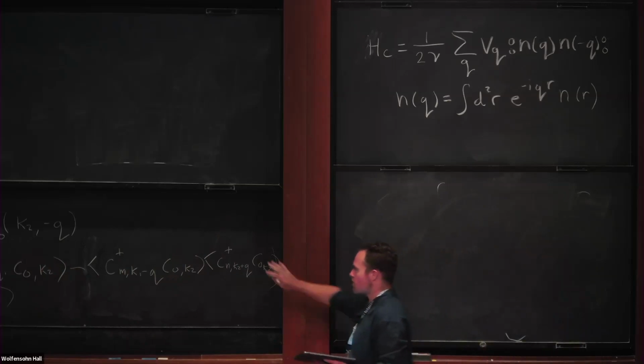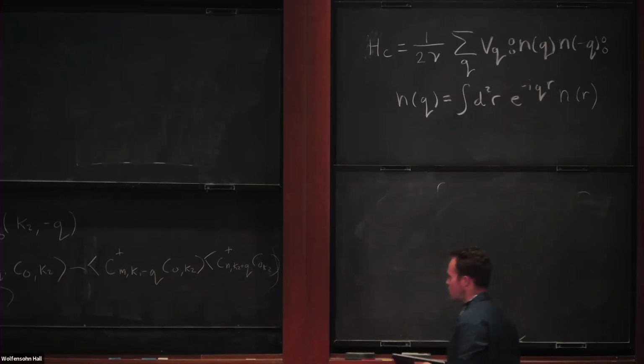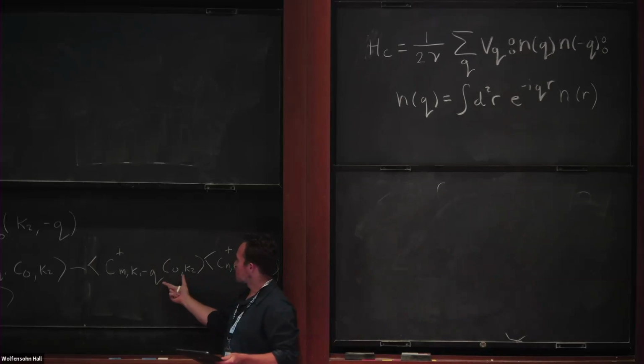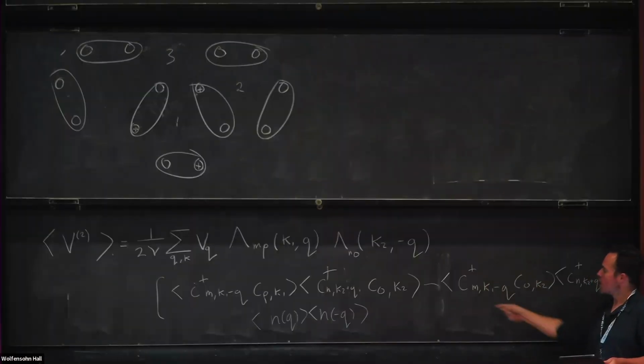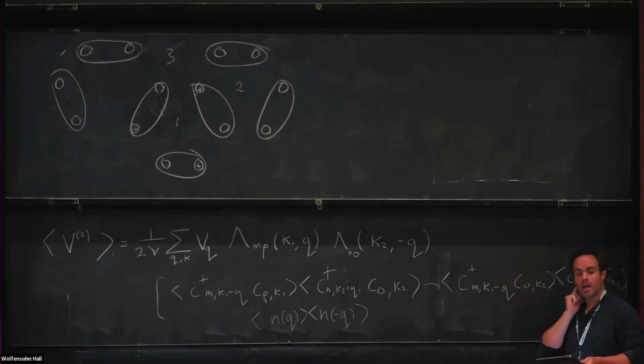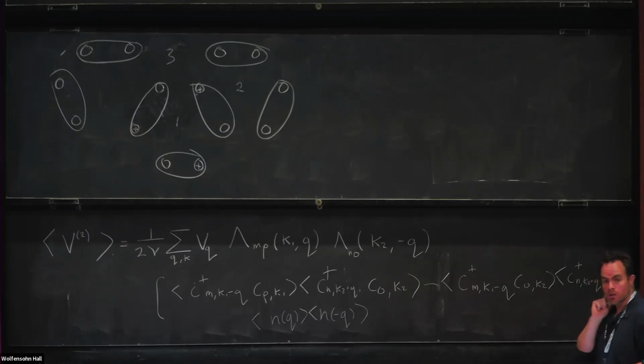Okay, so let's simplify this and make this disaster go away. So we need to know the expectation value of this projector here. And let's assume for simplicity that the state I'm looking at doesn't break the microscopic lattice translation.